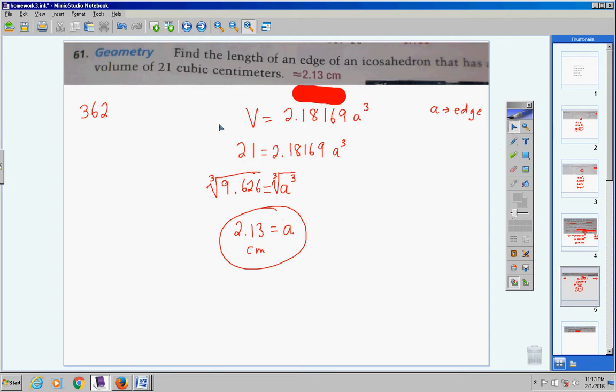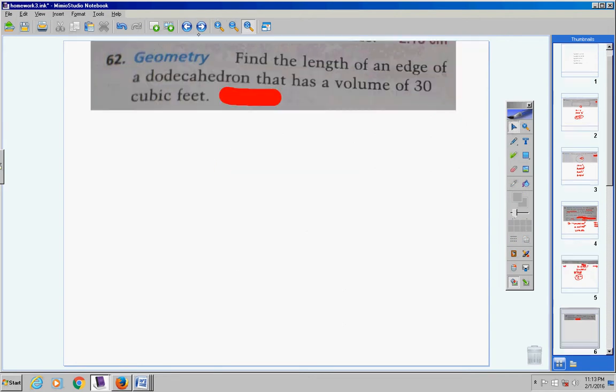Okay, now that you know what these formulas are, you should be able to do number 62 quite easily. Now we're dealing with the edge of a dodecahedron, alright? And so the formula is V equals 7.66312 a cubed.